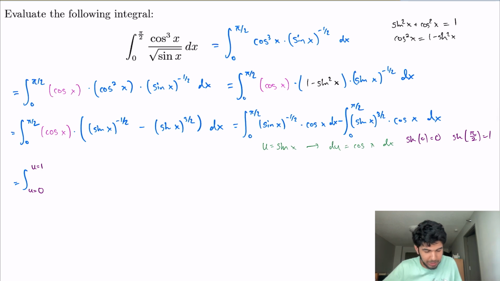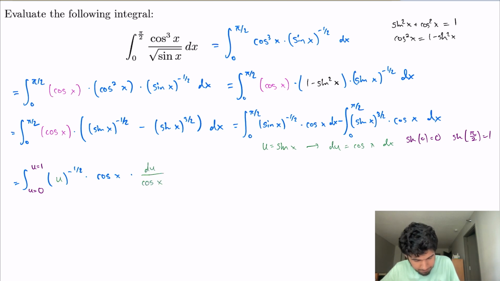Let me just move these over so I'll have some room. And then we're going to have sine of x to the negative 1/2 power, but now it's going to be u to the negative 1/2 power times the cosine of x remains, and then dx turns into du over cosine of x.